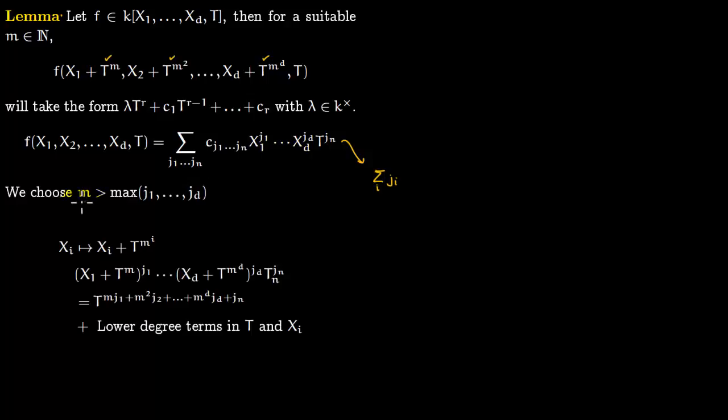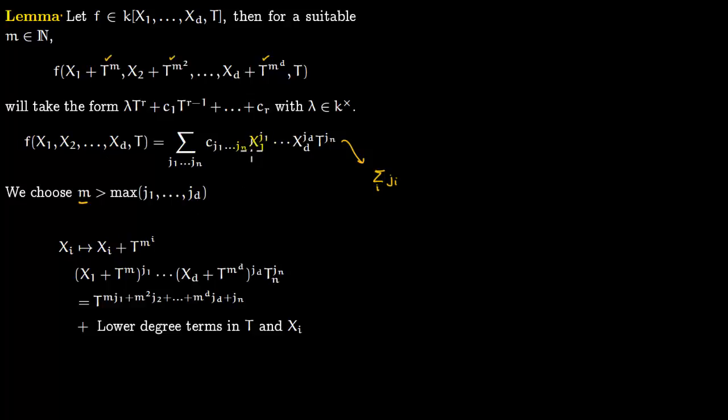So now we choose m as the maximum of all these j1 to jd. Because this is a polynomial, there are only a finite number of terms, so we can talk about all these different tuples of j1 to jn, and then you take m as the maximum of all of them. Then you take xi and transform this xi to xi plus t to the m to the i.